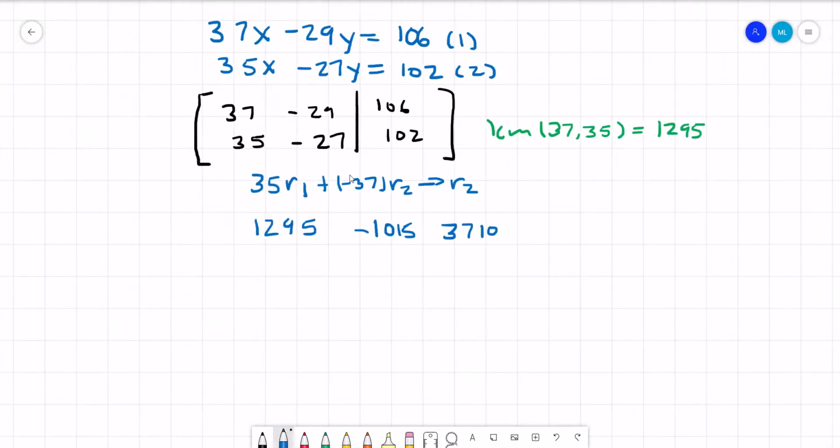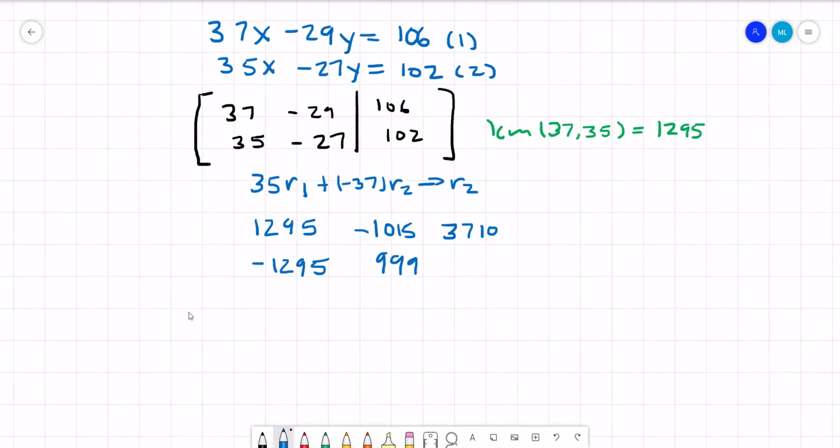So from there, we need to take the other one, which is negative 1295. Now, because I'm multiplying by negative 37, I need to figure out what negative 37 times negative 27 is, which gives us positive 999.